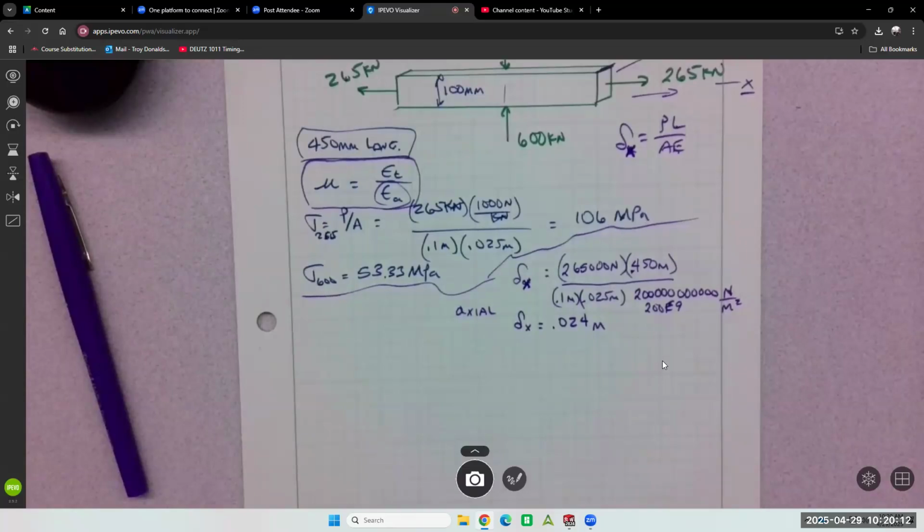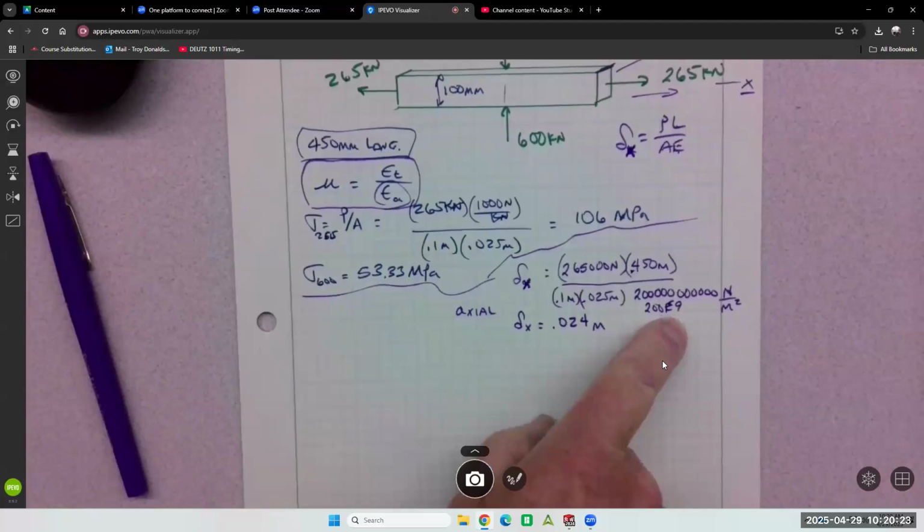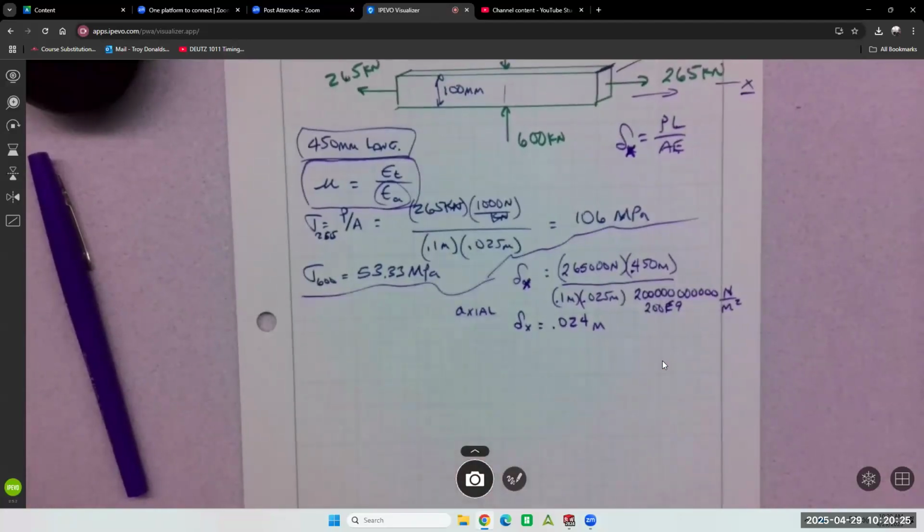Yeah, I get 0.00024. Maybe I'm forgetting the 200. Let me do this again. So it's 200 e to the 9. I might have mucked that up. 265.